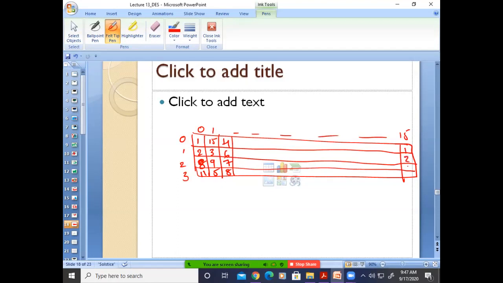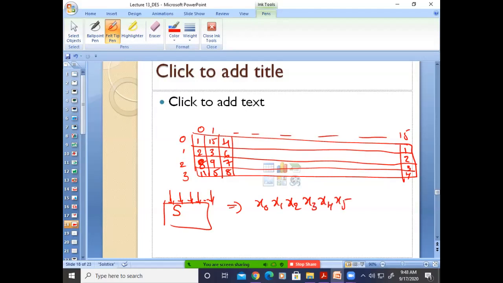Now, for the SBox, how many inputs are there? 6. I will denote them by X0, X1, X2, X3, X4, X5.